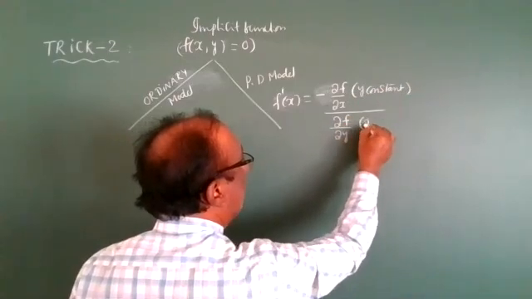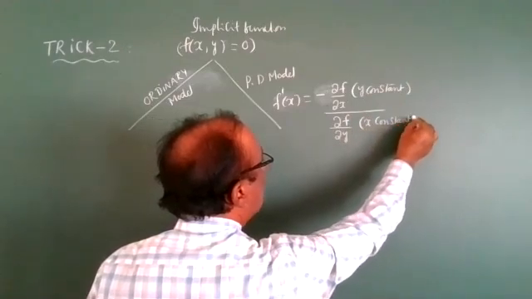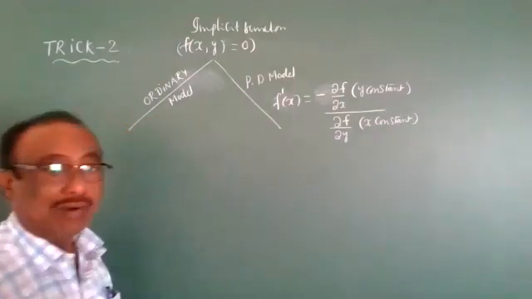In dou f by dou x, y is treated as a constant; in dou f by dou y, x is treated as a constant. So the numerator has y constant, the denominator has x constant.